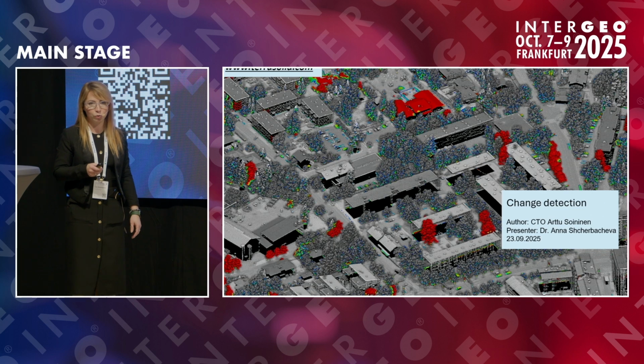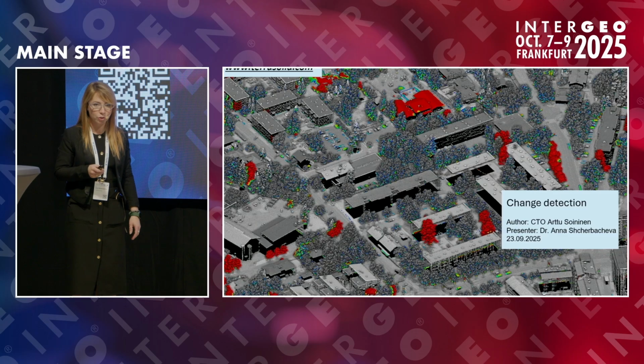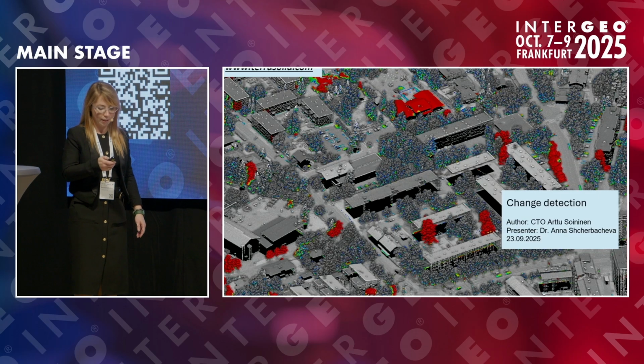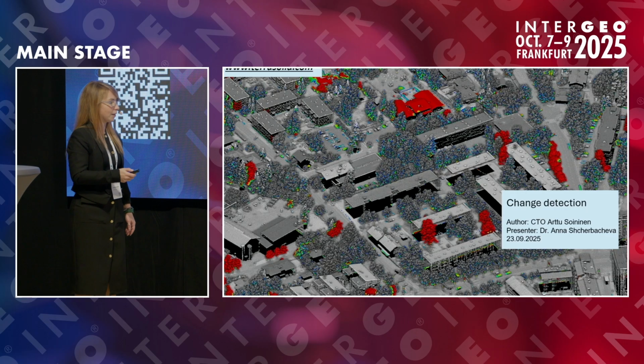In our software, TeraScan, one of the products that Terasolid delivers, we have this module integrated for users to process their LiDAR data. It's been implemented by our CTO, Arto Soinen, and I will walk you through it.